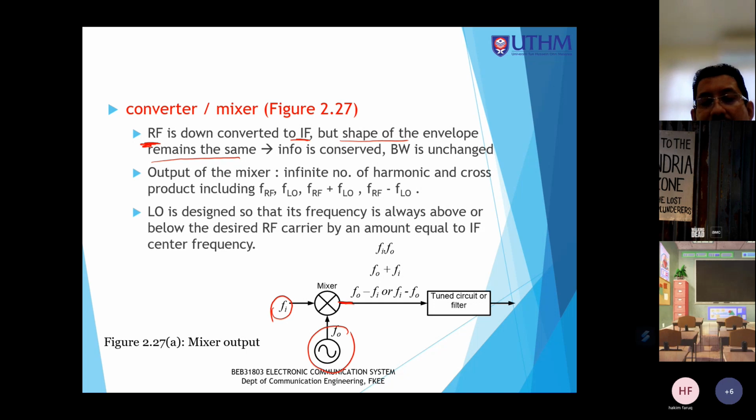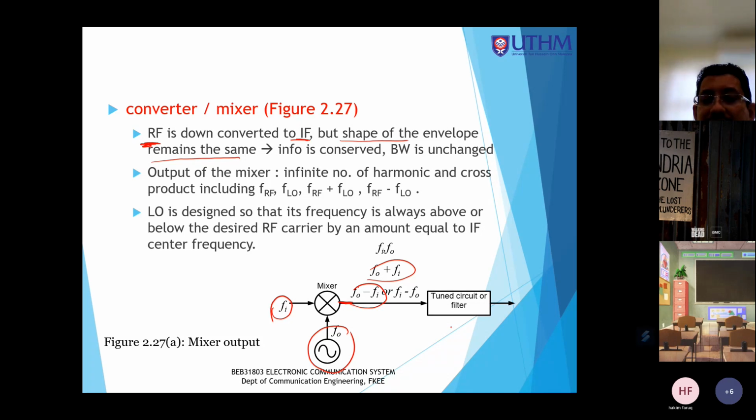So when we multiply both of these, okay, we're gonna get upper sideband and also the lower sideband. Okay. So and then masuk ke dalam tune circuit filter.